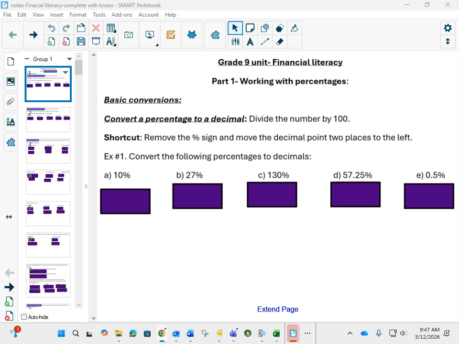So if you got 10% on a test, you might have got 10 out of 100, or you might have got 1 out of 10. As a decimal, we take 10, divide it by 100, and you get 0.1.